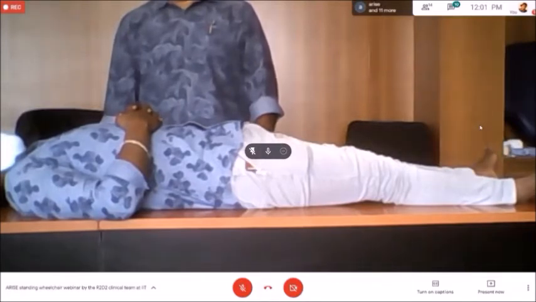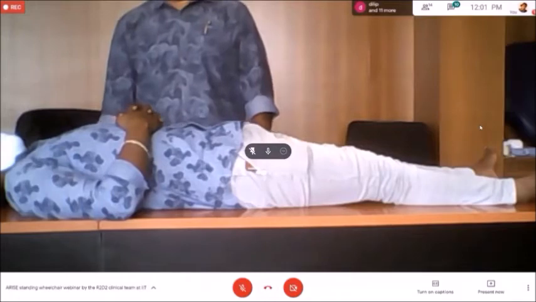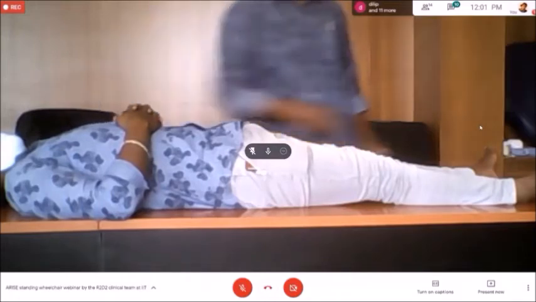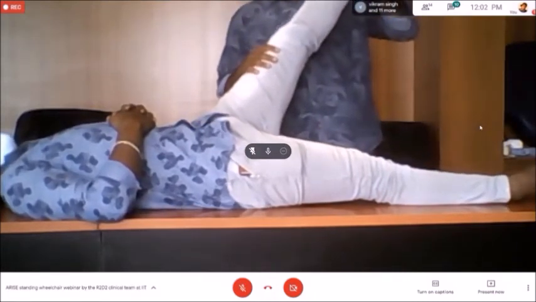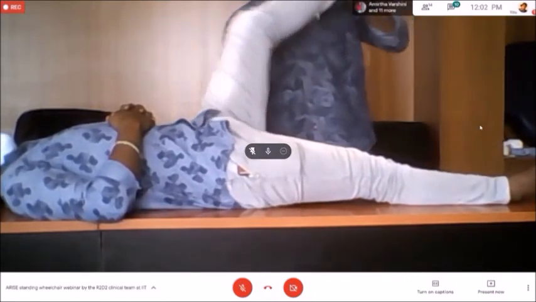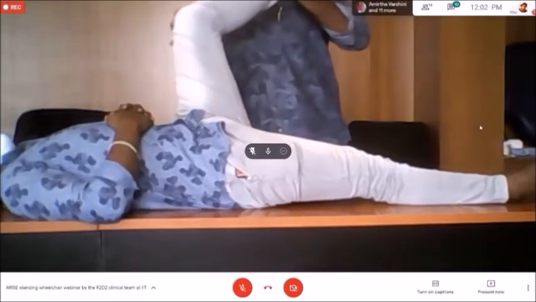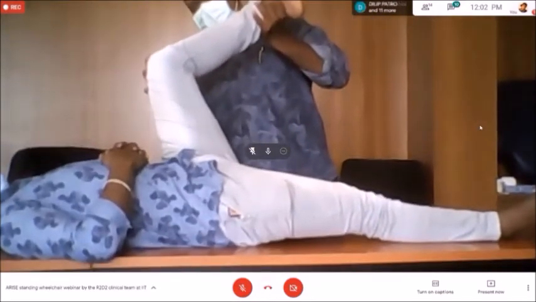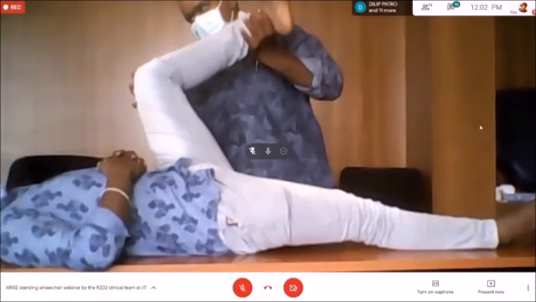Can you just demonstrate only for the hips, sir? Hip passive range of motion for hip flexion, extension. Yeah, please bend the knee. Yes. So, hip flexion, hip extension.